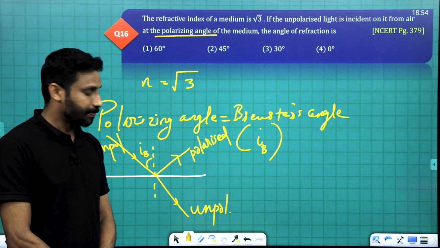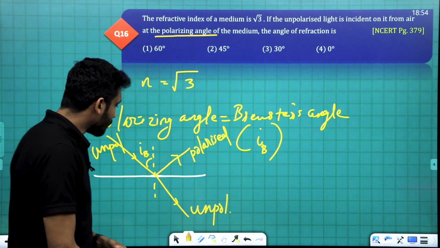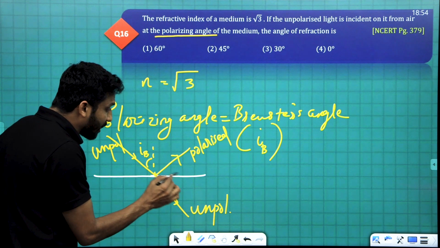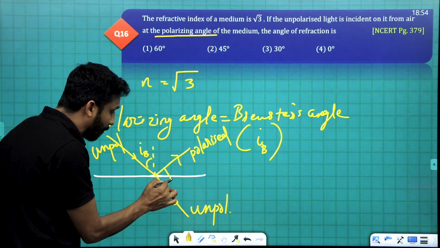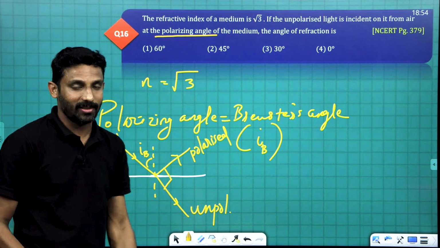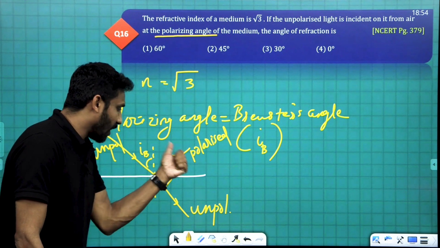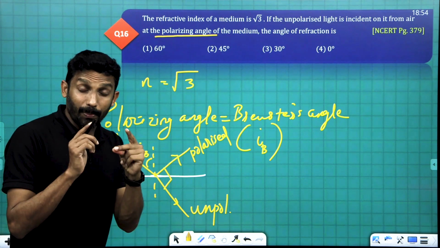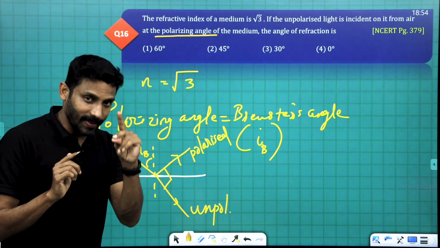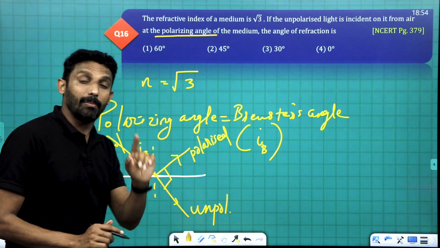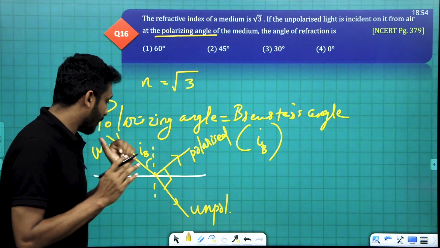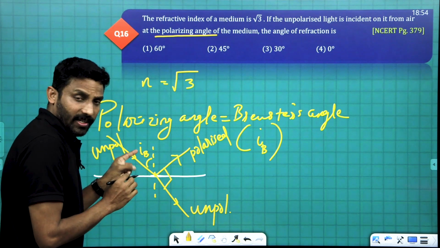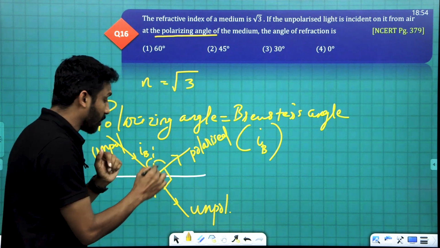That's very clear. In this condition, the angle between reflected and refracted will be 90 degrees. Very important condition. When the reflected and refracted are perpendicular to each other, then the reflected will be polarized. This angle of incidence and this angle of reflection, both are same.